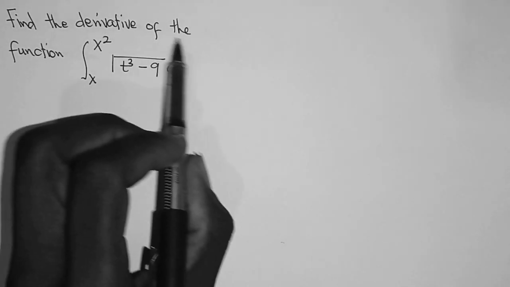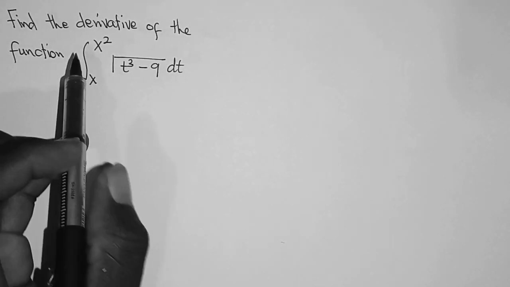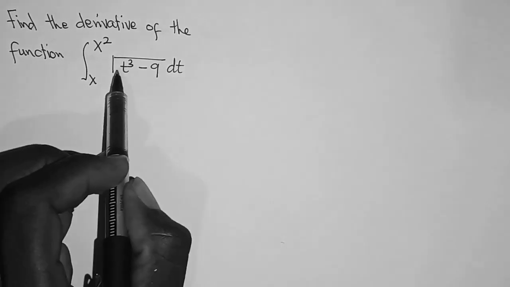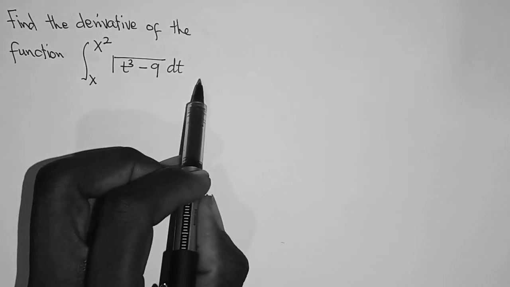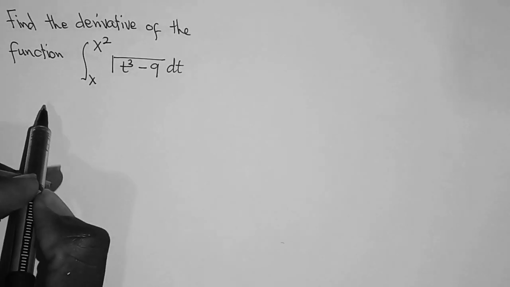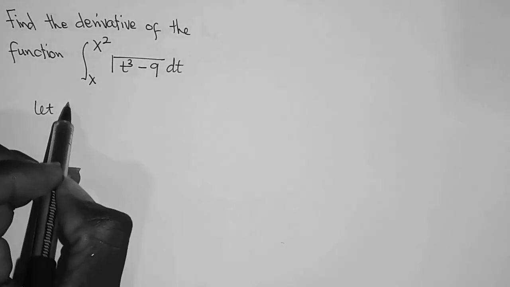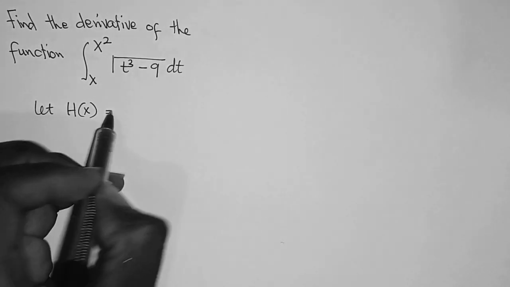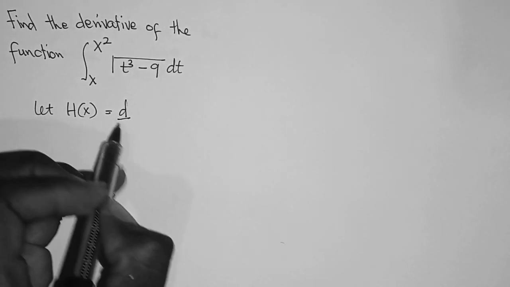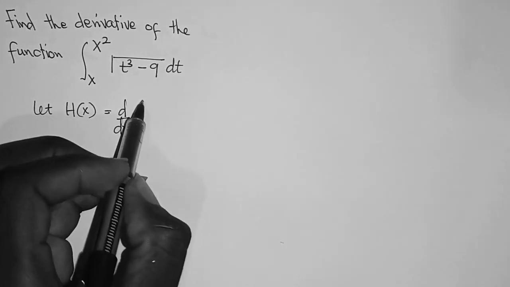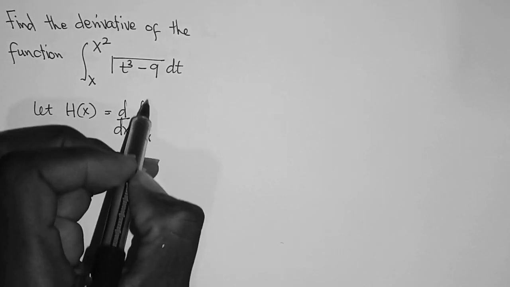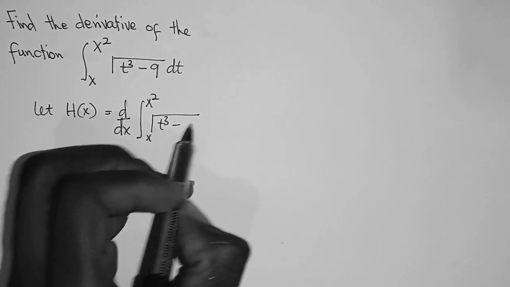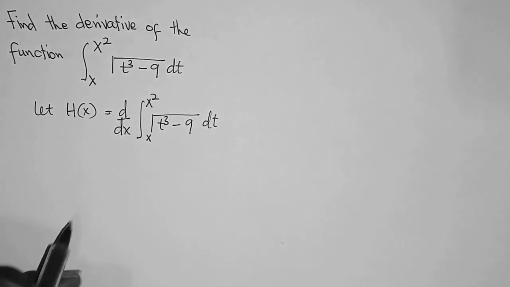Find the derivative of the function integral from x to x squared of the square root of t cubed minus 9 dt. So let's say, let h of x be equal to d dx of the integral of x to x squared of the square root of t cubed minus 9 dt.